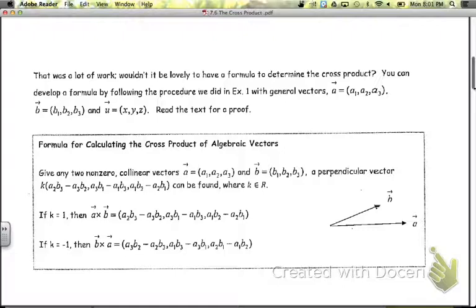If K were equal to 1, then the cross product between A and B is as such. And if K were negative 1, then the cross product between B and A would be as such.